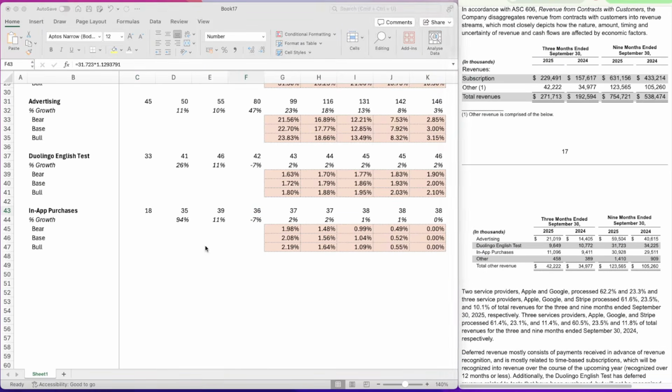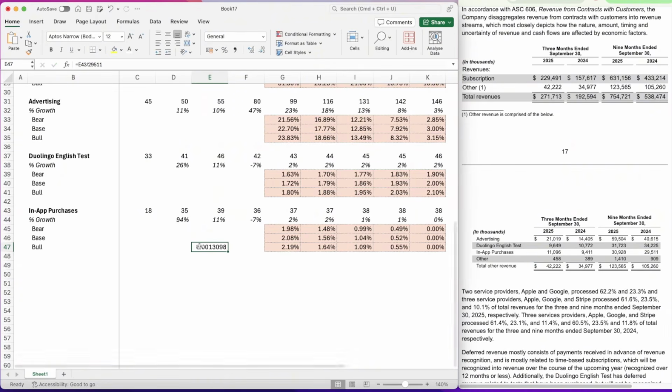For this one, we say take equals 39 divided by 2951. Listen, the growth is quite good.